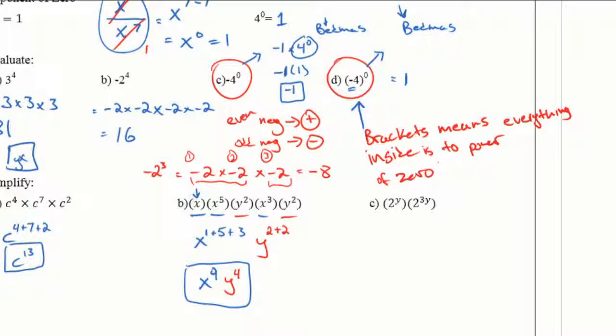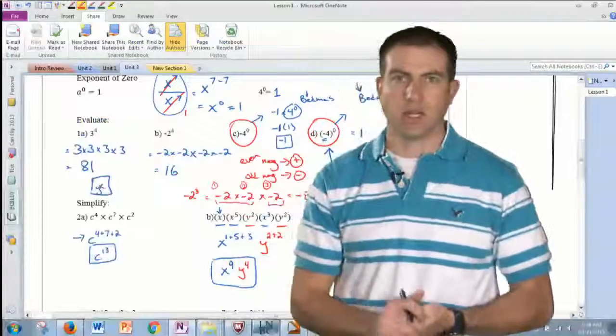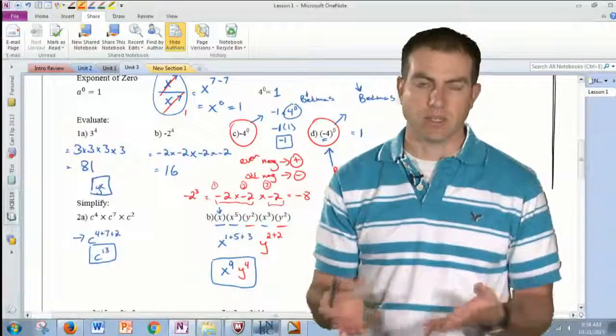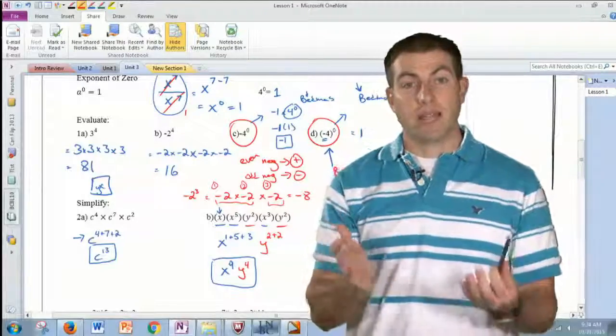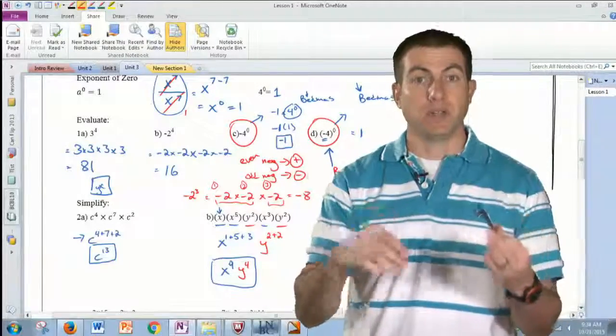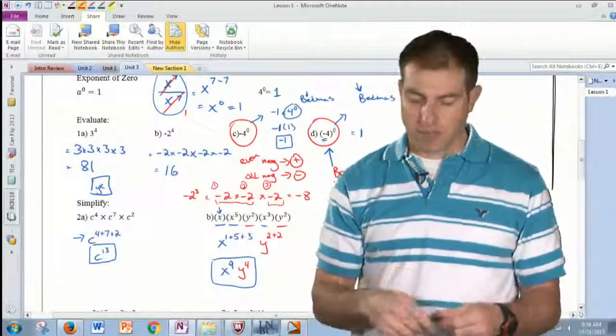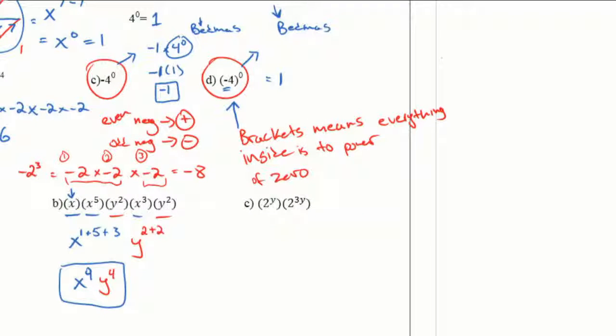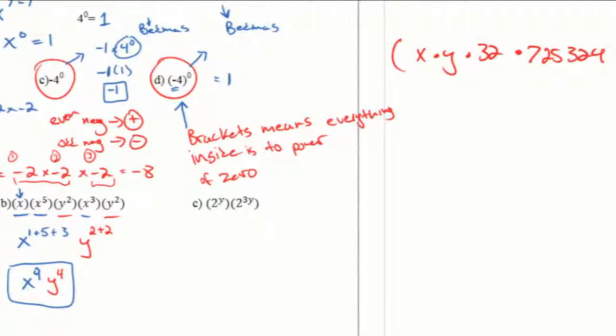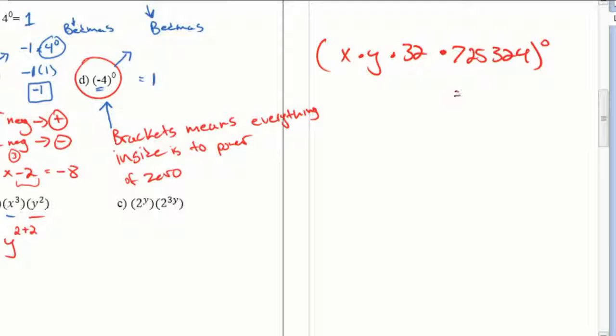I don't know if that helps a little bit. When you're going through the learning guide, you'll see the questions that I'm referring to, and they look exactly the same as these. You'll see one has the negative and then one has the brackets. Just remember the brackets, everything inside the brackets is going to be to the power of 0. It doesn't matter what it is. So I could have, you definitely do not need to write this down, just a completely random set of numbers, like x times y times 32 times 725,324, all to the power of 0, just going to give me 1.